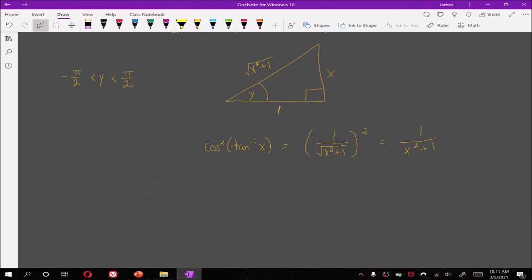We can therefore conclude that the derivative of the inverse tangent of x is 1 over x squared plus 1.